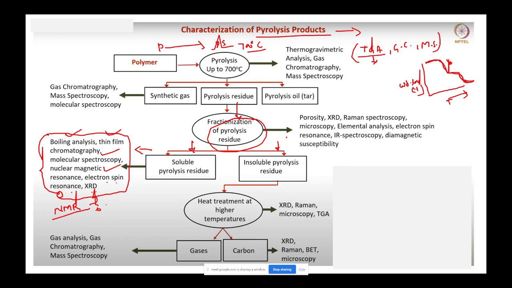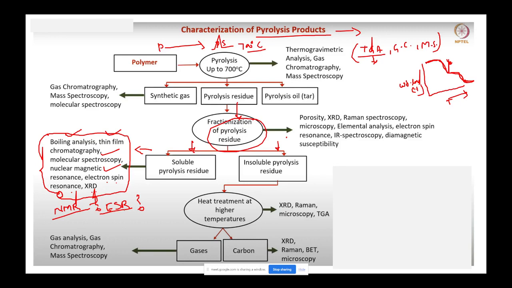Do you know this ESR? ESR is similar to NMR, but here the electron spin technique is used. NMR exploits the nuclear spin, the nuclear magnetic moment, whereas ESR is generally used for paramagnetic samples, where the alignment of the paramagnetic poles is towards a field.